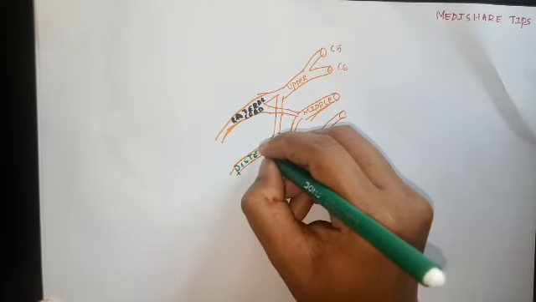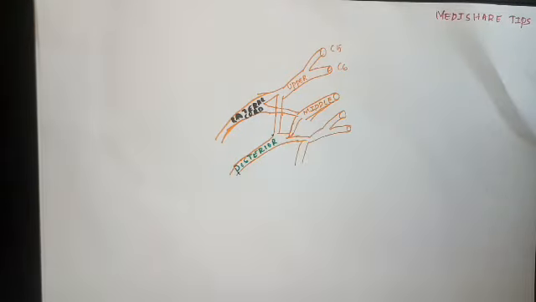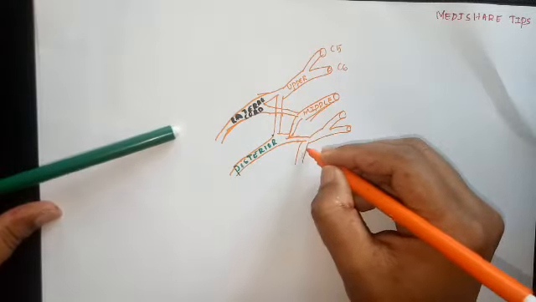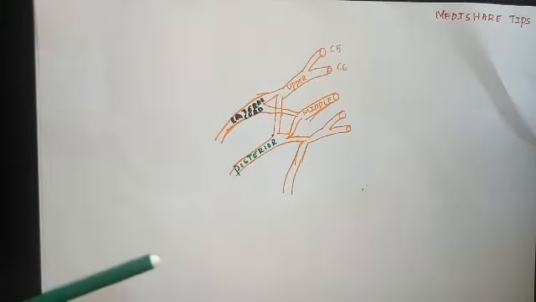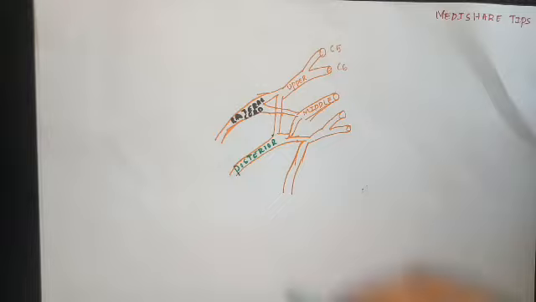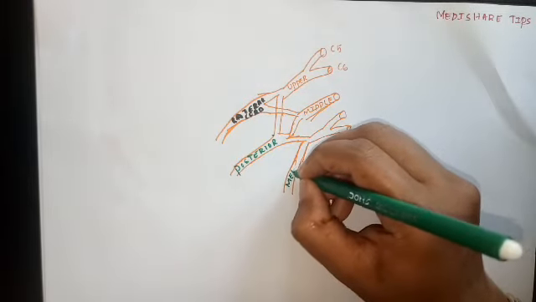This is the posterior cord. The anterior division of the lower trunk continues as the medial cord of brachial plexus. So this is the medial cord.